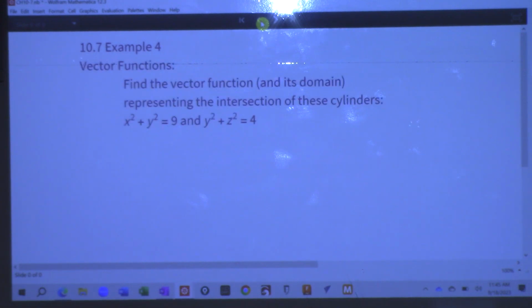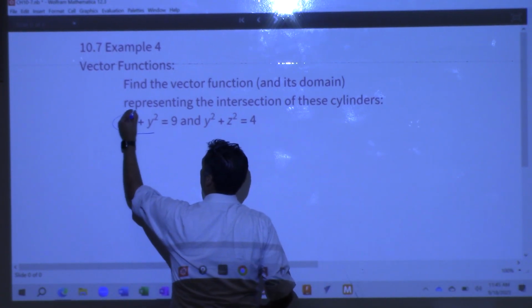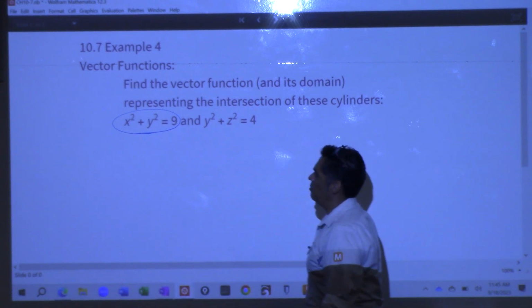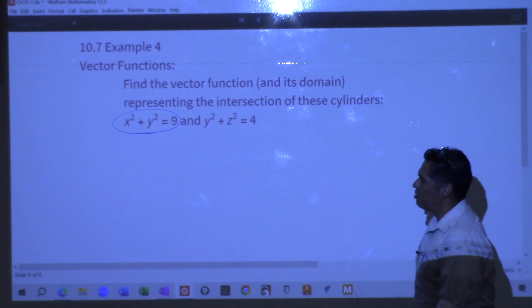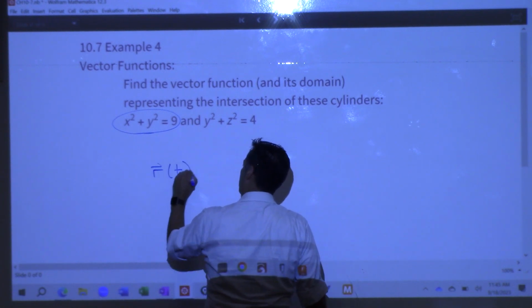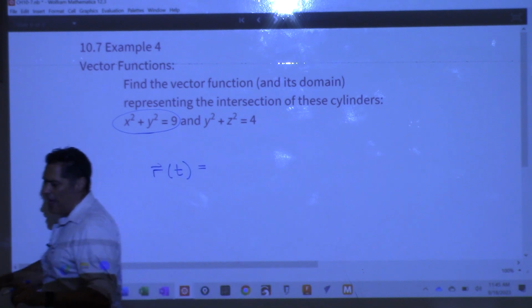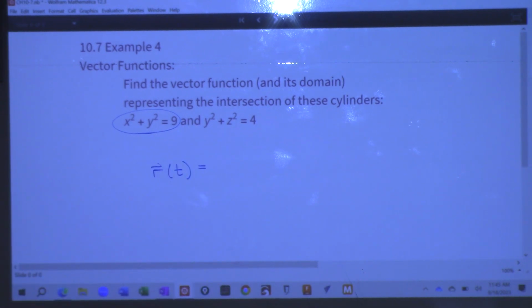All right, so here's what I'm going to do. I'm going to see if I can wrap my head around this one first, and I'm going to just start right now with the vector function. We said to draw that, it's a circle in the xy plane with a radius of 3, and then the z just goes up and down, right?